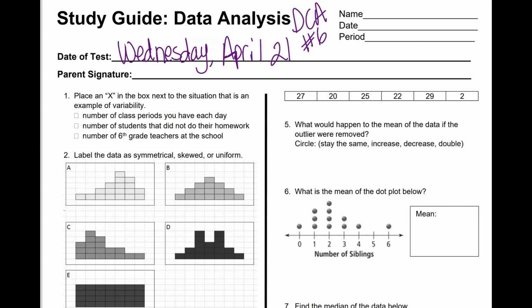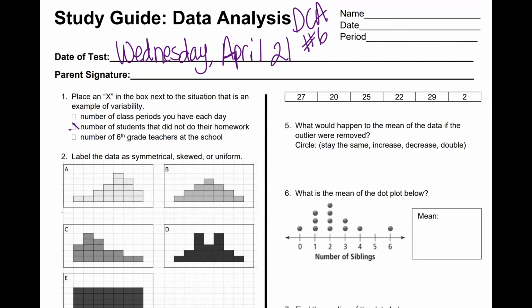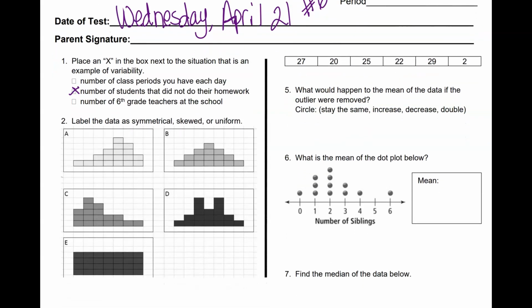Number of students that did not do their homework is a good example of variability because you're going to get a different number of students who didn't do their homework in each class. Number of 6th grade teachers at the school is not a good example because we have all the same teachers and they're not going to be different. So the only one that's an example of variability would be the number of students that did not do their homework.